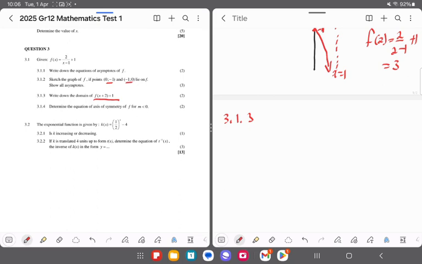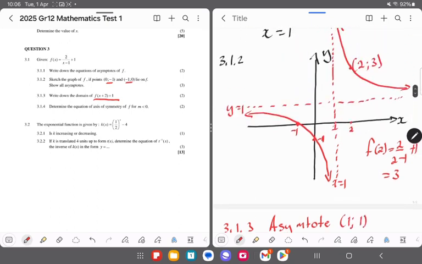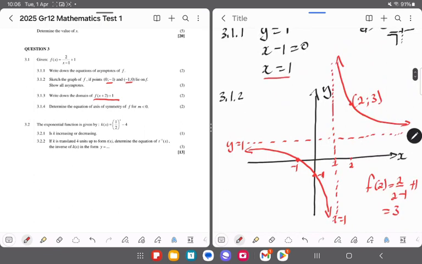So our asymptotes that we have for f of x, currently it's 1 and 1. We had our asymptote as x is 1 and also y is equal to 1.